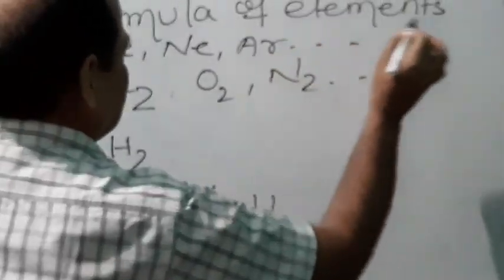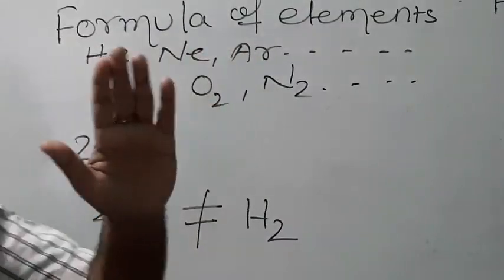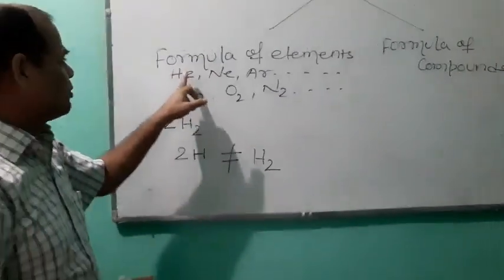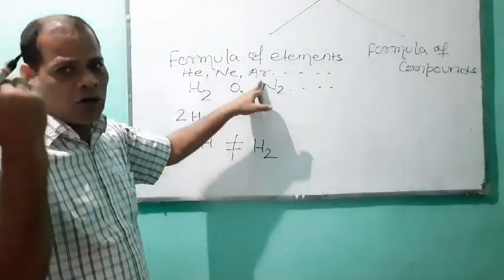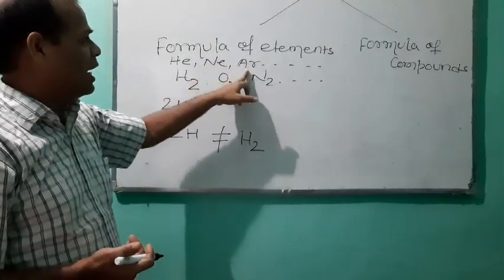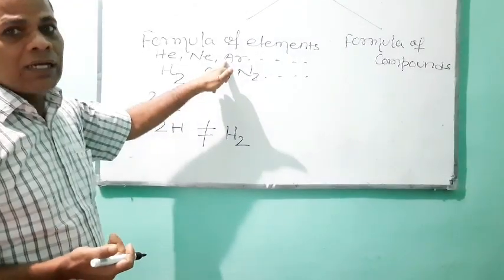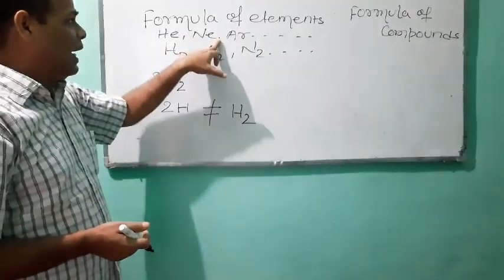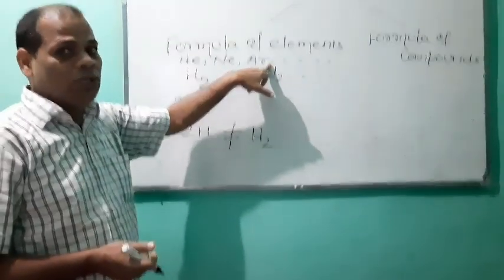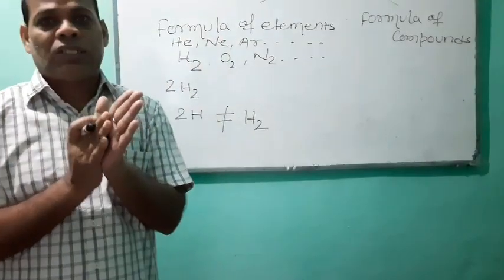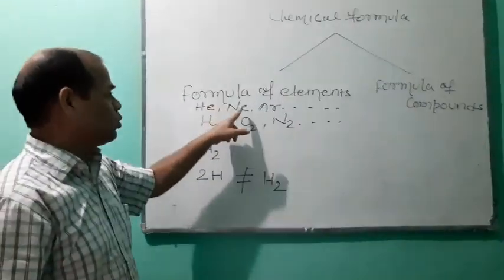As you know, these elements exist in a monoatomic state. Their atomicity is 1. Their formulas cannot be He2, Ne2, Ar2. They exist in an atomic state.